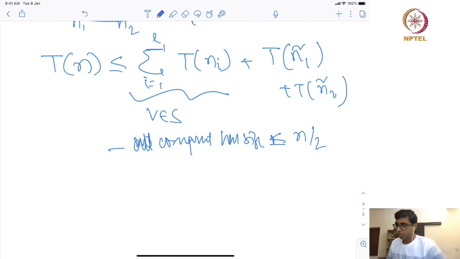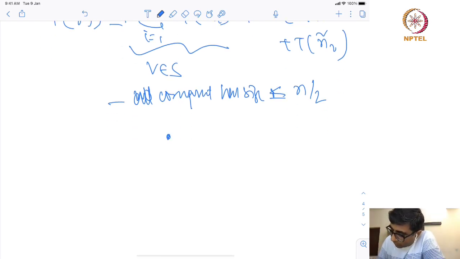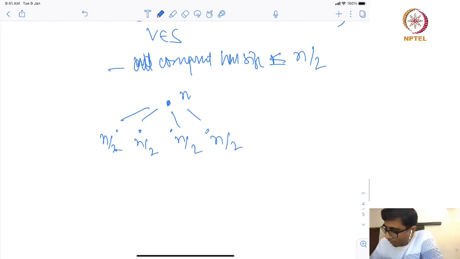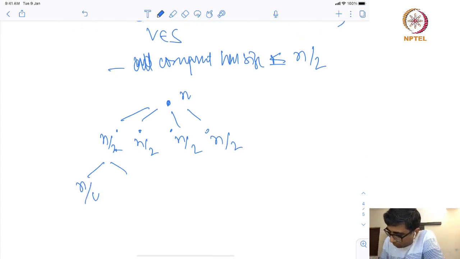If you are able to do this recurrence, then let's look at it picture-wise. I have my graph of size n, and suppose I create two subproblems of size n over 2 each, and then I create more, because in every iteration, for every component of the graph, I am able to find a vertex such that if I delete it, I get smaller components of size at most half of what it is.